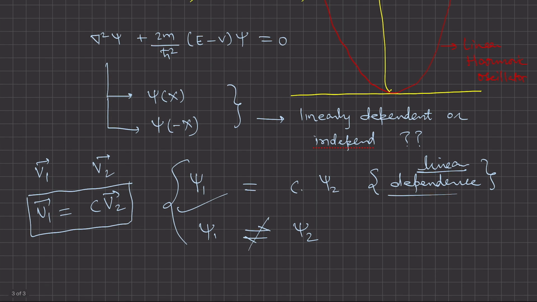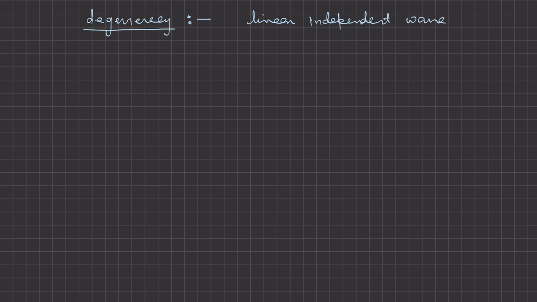So if I say, when can we say that there is degeneracy? Degeneracy is the concept when you have linearly independent wave functions having the same eigenvalue.